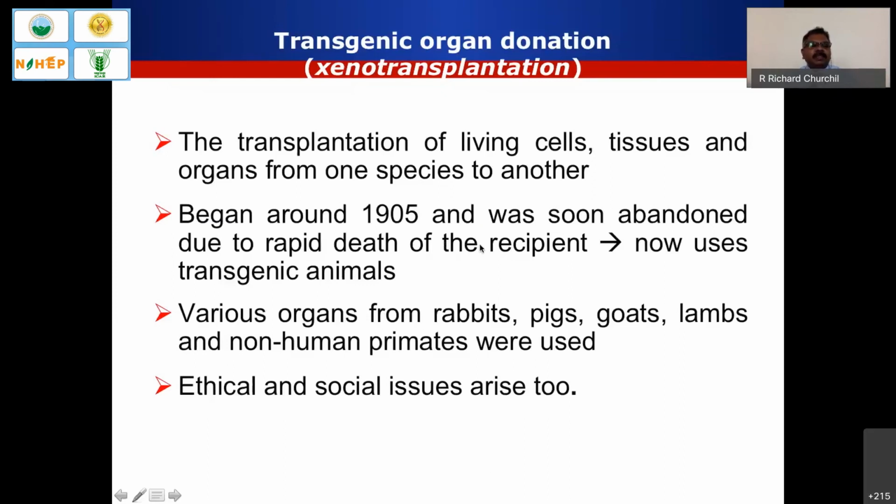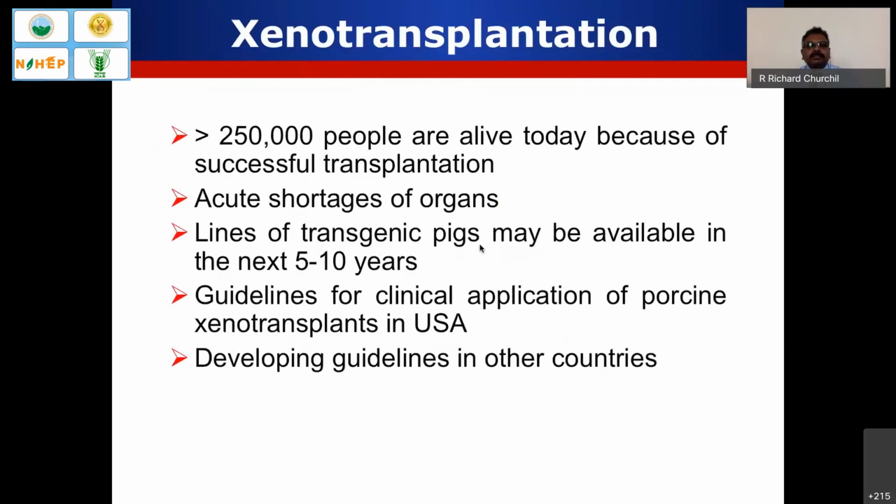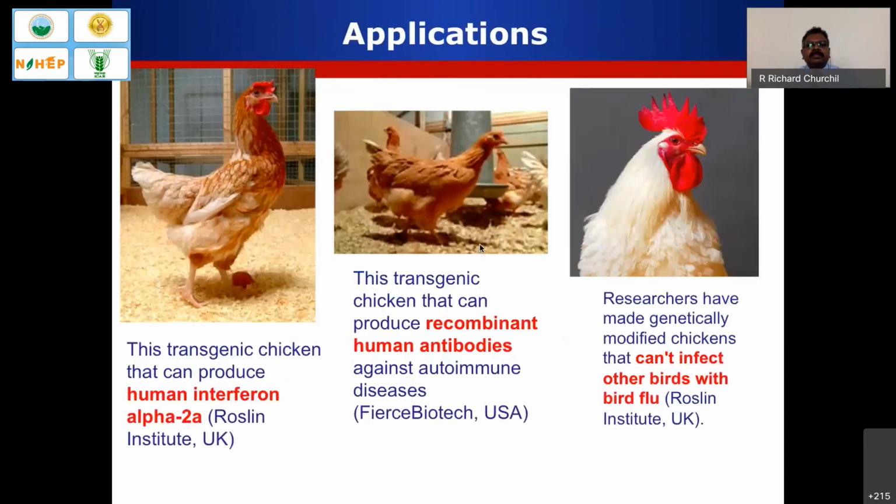There are some genes which control that. So if by transgenesis you switch off or knock down those genes in the pig, those organs can be used for human beings for transplant. So these are some research findings.